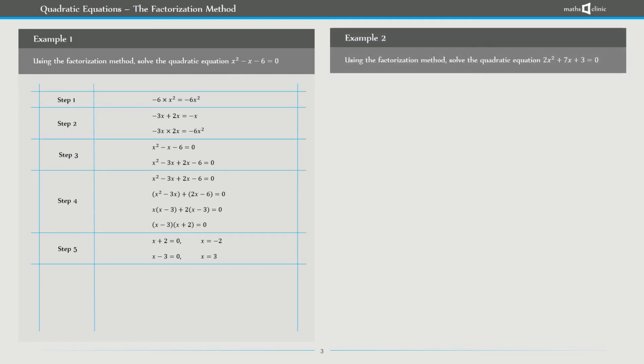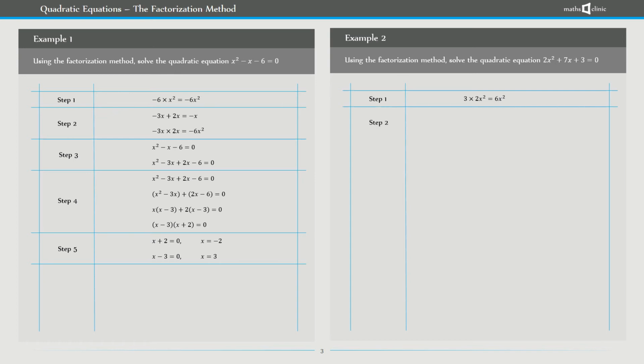So example 2. Example 2 says using the factorization method, solve the quadratic equation 2x squared minus 7x plus 3 equals 0. Okay, so first thing I want to do is multiply the first and last term, okay, and when I do that, I have 6x squared.